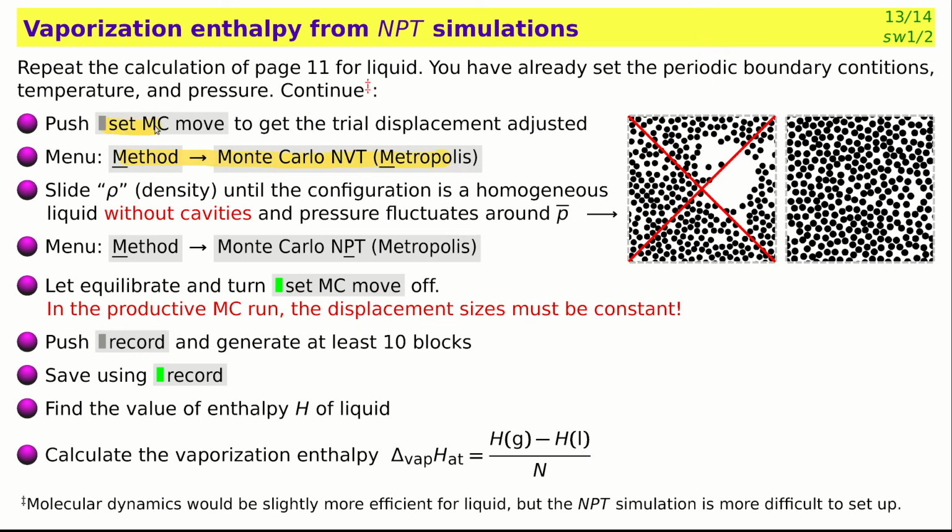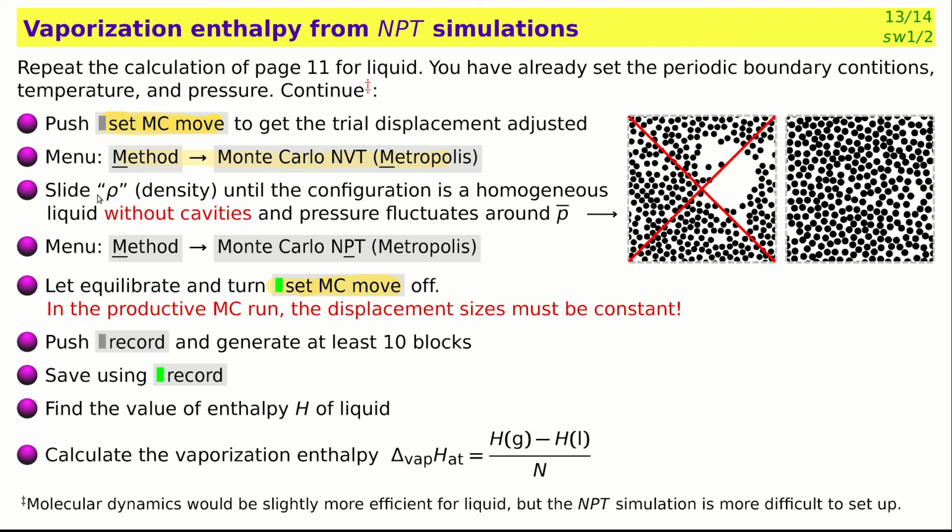Also, we set automatically the Monte Carlo move. It's important because the productive run then must be written back to constant Monte Carlo move, but with the Monte Carlo move good enough for gas, we wouldn't calculate liquid. It would be very inappropriate and very inaccurate.